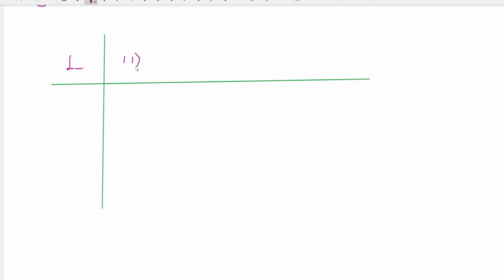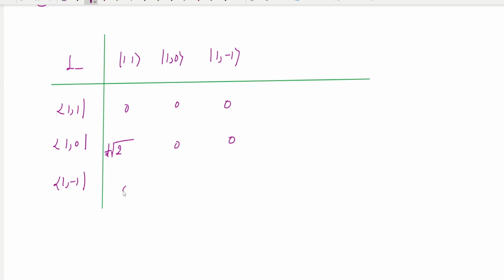1 comma 1, 1 comma 0, 1 comma minus 1. Here also, 1 comma 1, 1 comma 0, 1 comma minus 1. So the quite opposite we can get as the answer here. So exactly here, h cross root 2, 0, 0; 0, h cross root 2, 0.